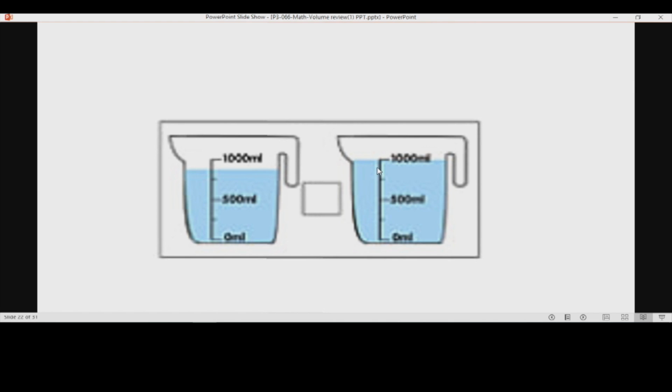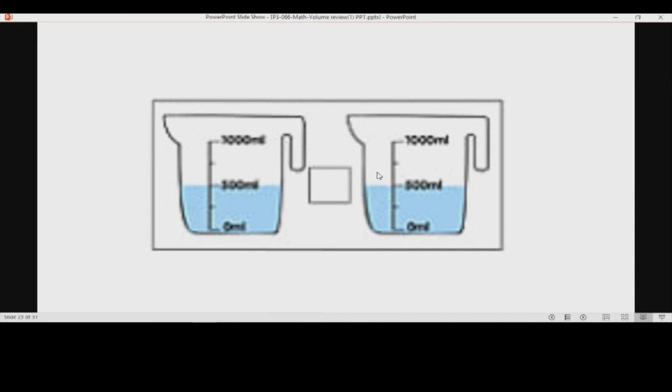So container B has more. It is full to capacity. How about now? Which container has more, A or B? Equal. They're the same. The volume is 500 millilitres in both of them, so we say equal, or the same.